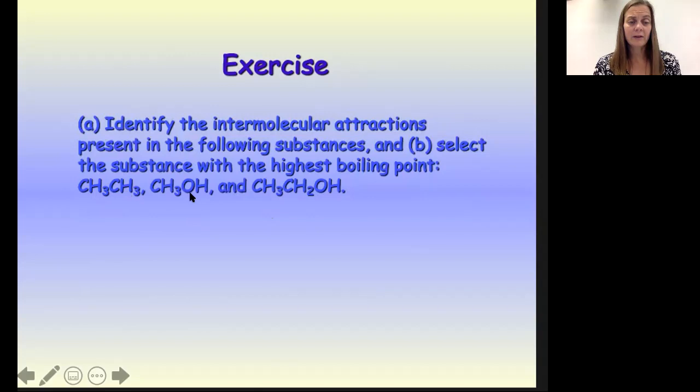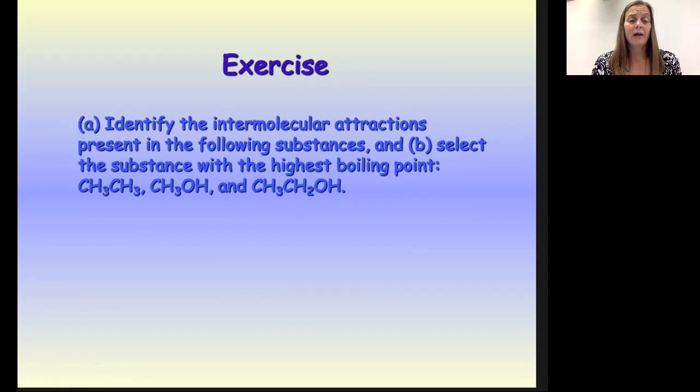CH3OH, the methanol, and CH3CH2OH, the ethanol, both are going to have hydrogen bonding because they have the hydrogen attached to an oxygen. So these two, methanol and ethanol, are both going to have hydrogen bonding, dipole-dipole, and London dispersion forces.